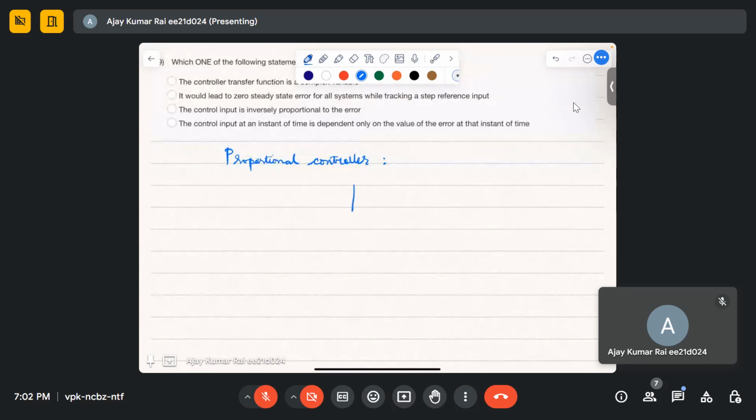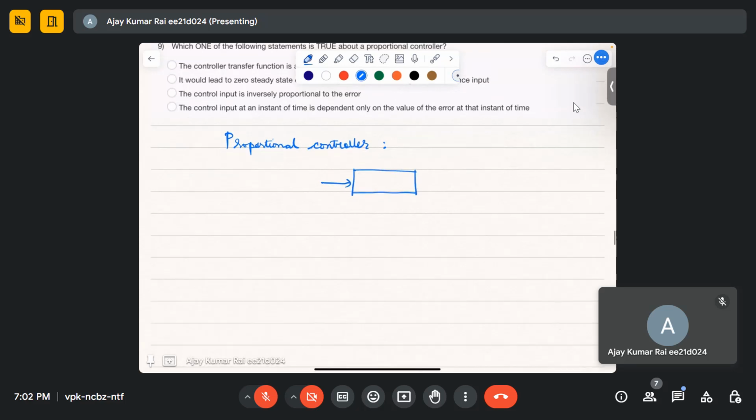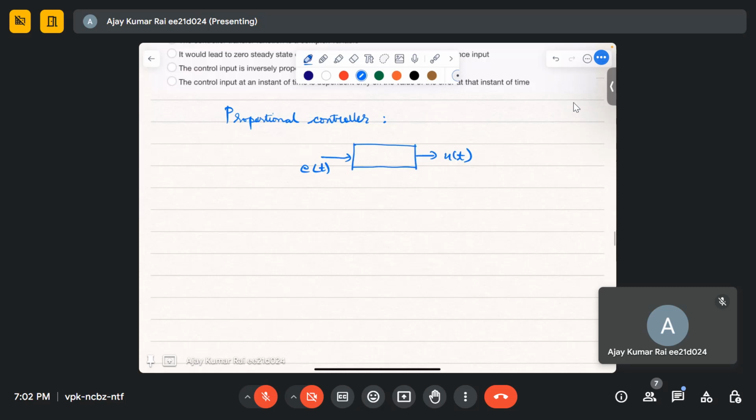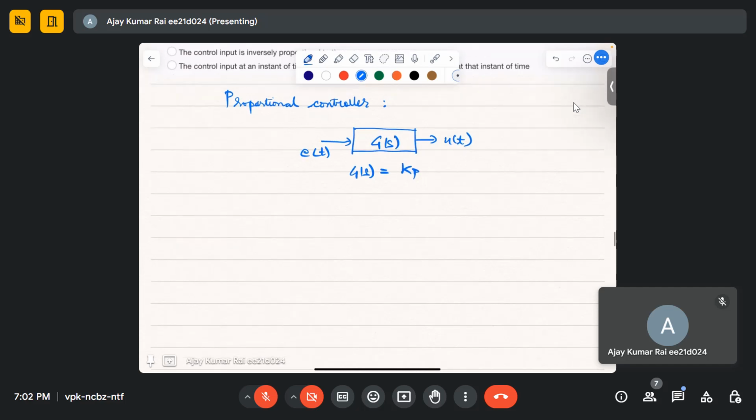Let me draw it: the input is e of s or e of t in terms of time, and this is u of t, right? What is its gain? Let me call G of s the gain. For a proportional controller, G of s is equal to Kp, only a constant here. So this is a constant gain.